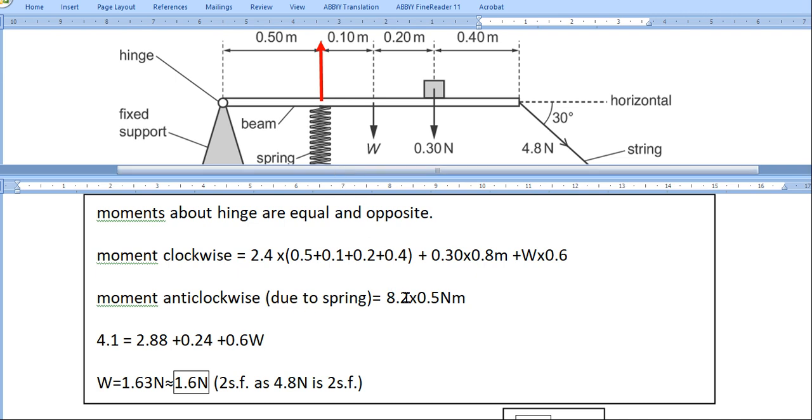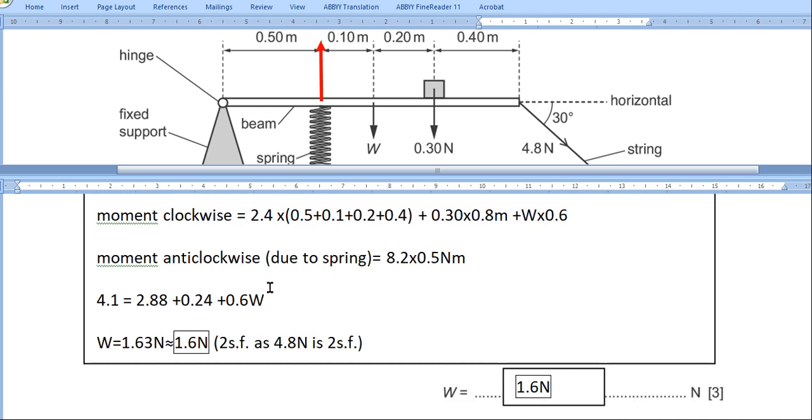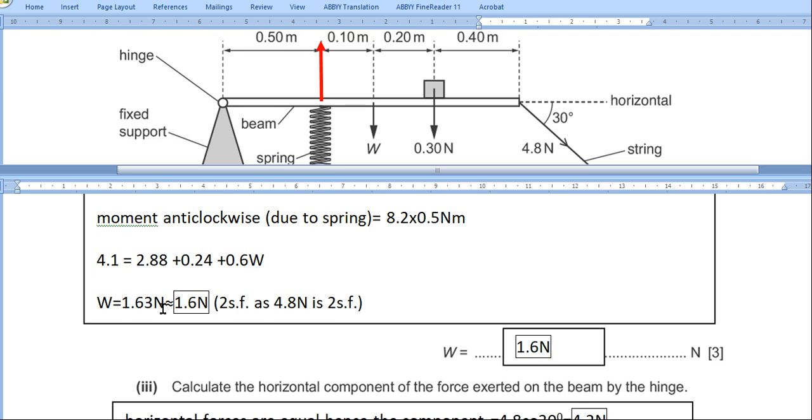The value is 2.8 Newton and the distance is 0.5. After doing simple arithmetic, we get the value of 1.6, giving the answer to three significant figures as 4.8 is given to two significant figures.